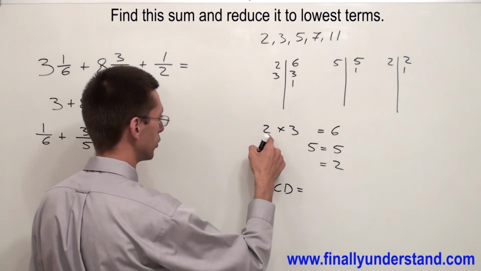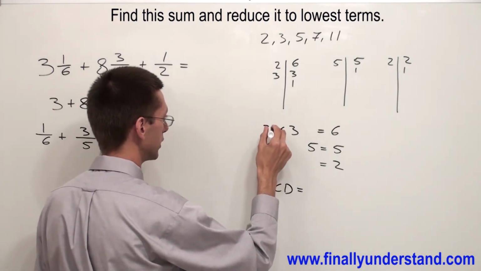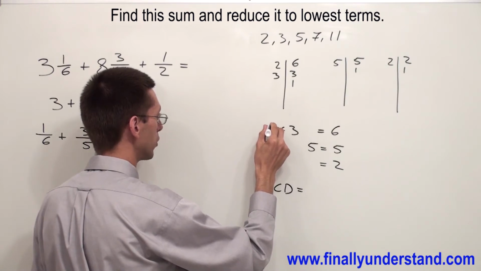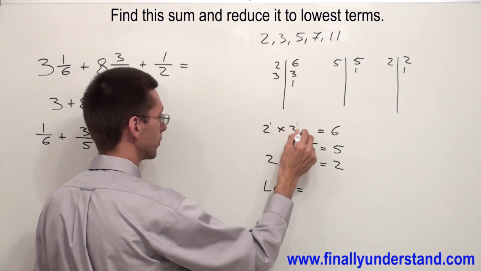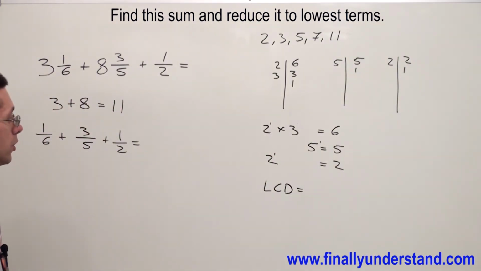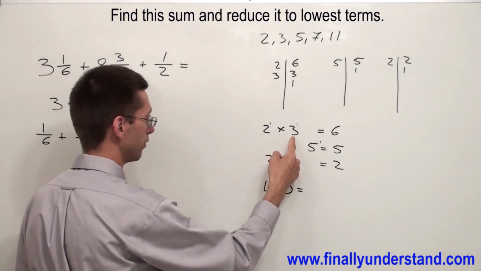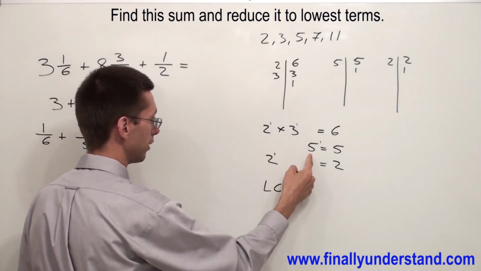Now, we have numbers which have no visible powers. Anytime there is no power written over here, there is always an invisible one. So all of them have the same power. So I have to choose the different numbers. I have 2s, I have 3, and I have 5.